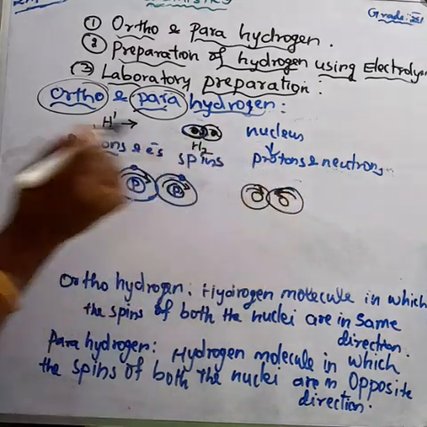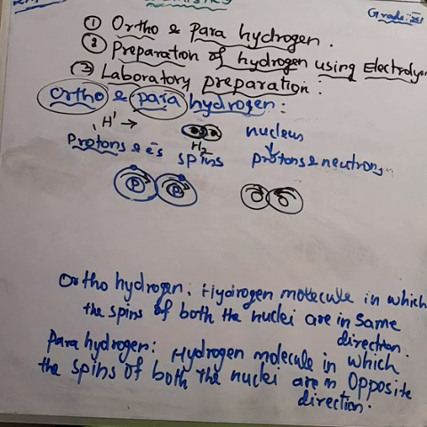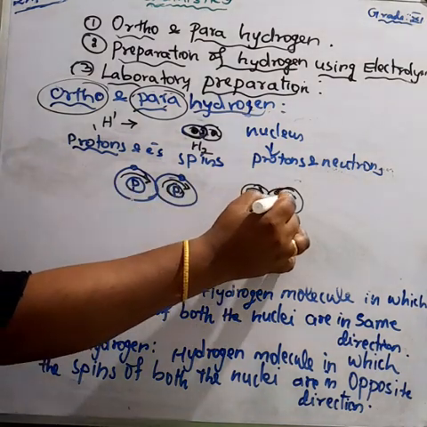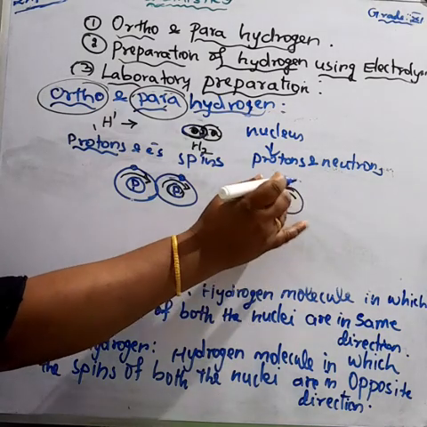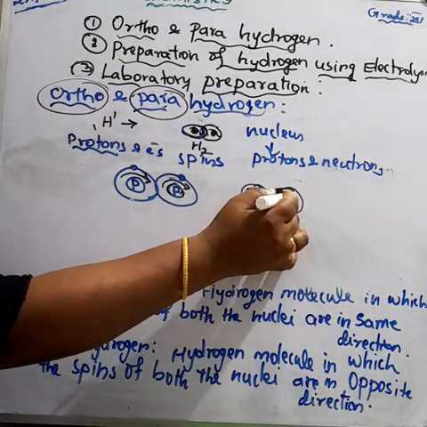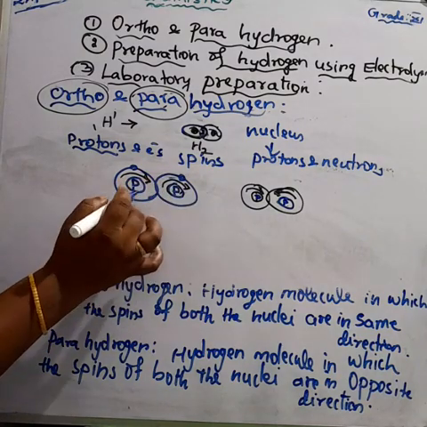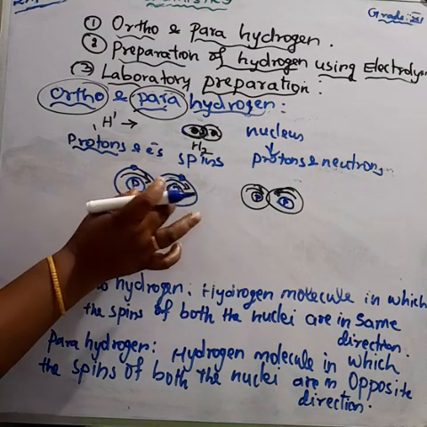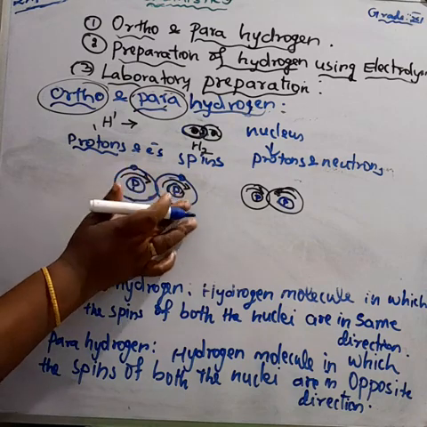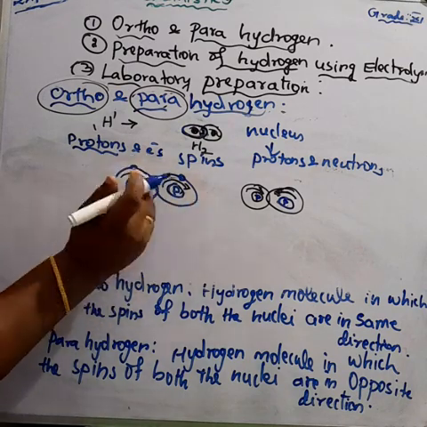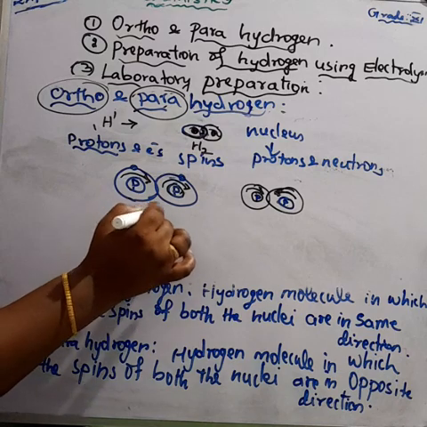What do you mean by orthohydrogen? What do you mean by parahydrogen? Ortho means the protons in the nuclei spin in the same direction. In one molecule of hydrogen, if the protons of the two nuclei spin in the same direction, that is called orthohydrogen.